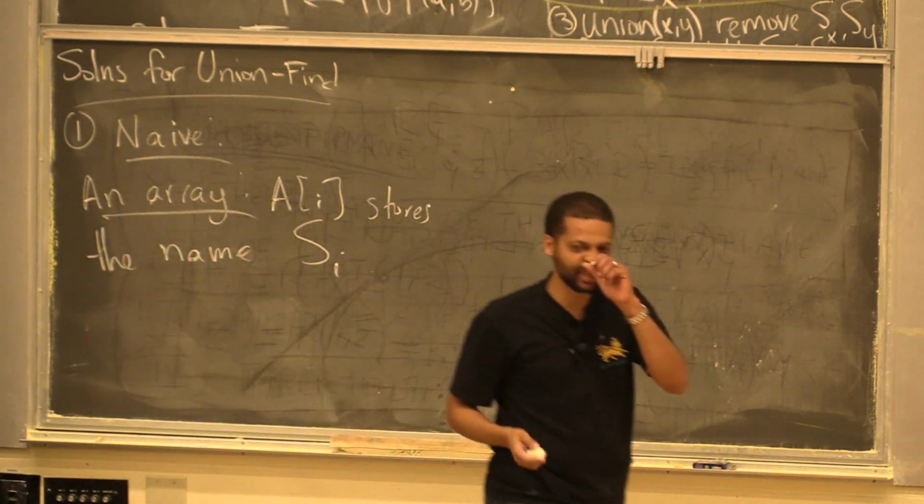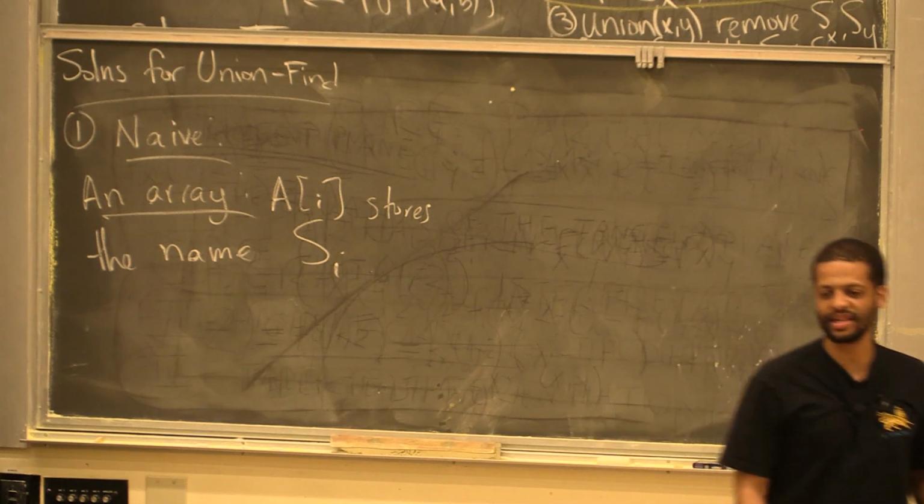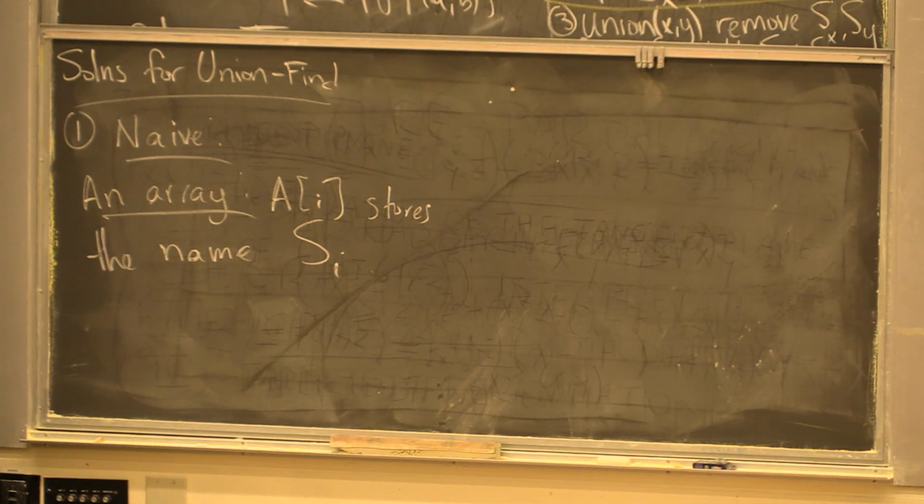And what is that name going to be? As long as it's consistent, it doesn't matter. So for example, I could set the name of the set to be the smallest element in the set.